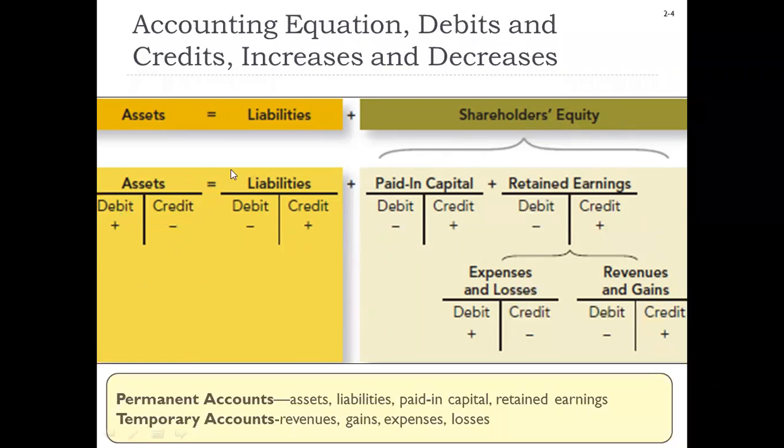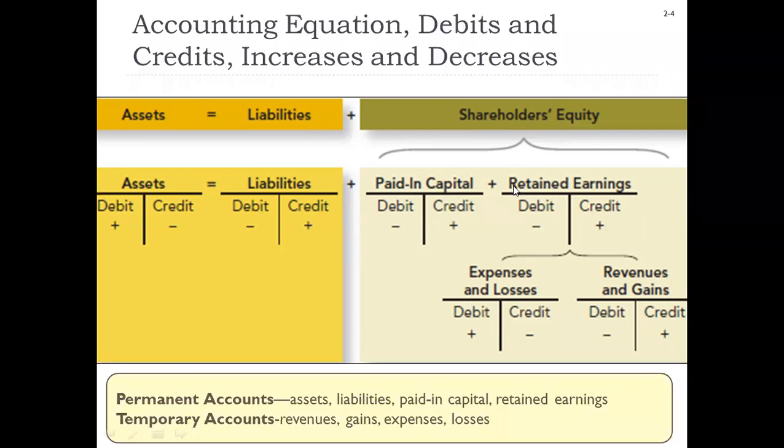For stuff on the other side, on the right-hand side of our equation, it's switched around. Decreases are debits, increases are credits. So notice for liabilities, decreases are debits, increases are credits.